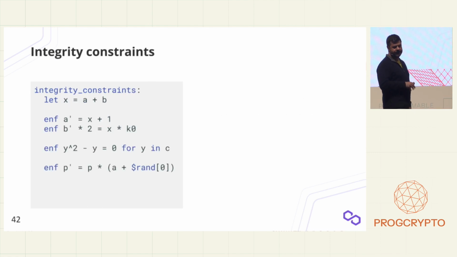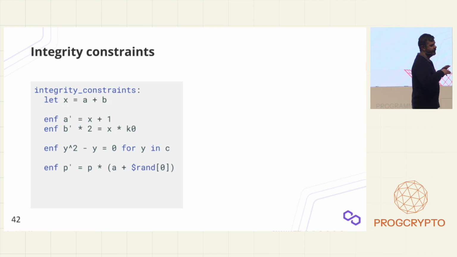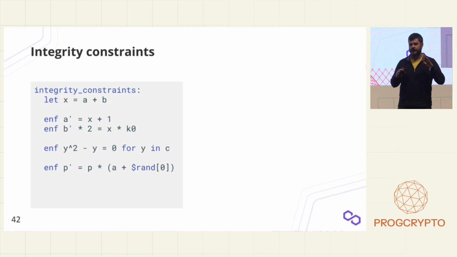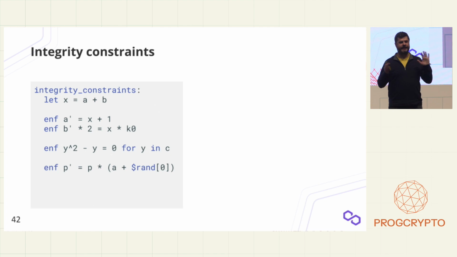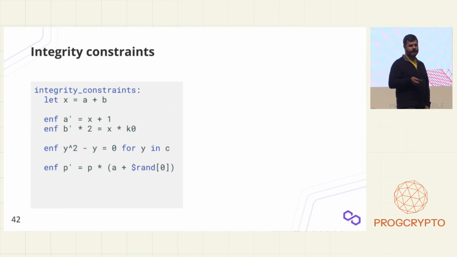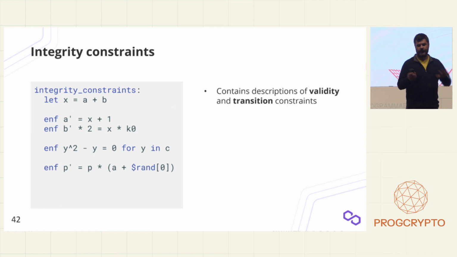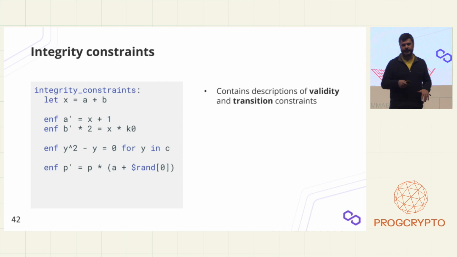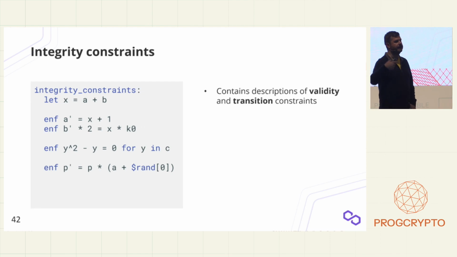Integrity constraints now, this is almost the meat of the constraint system. Usually they take up much more logic than anything else. Here we combine both validity and transition constraints. A prime here is the next value in a given column.